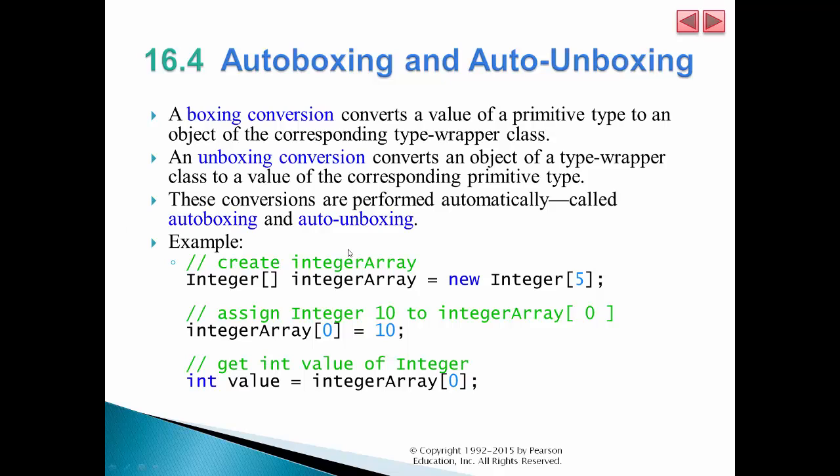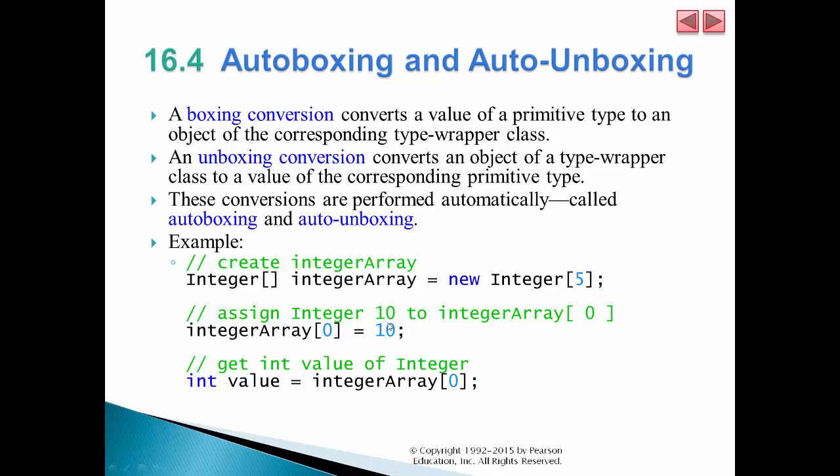For example, here what's happening is you're declaring an array of type wrapper integers, with the size of 5, and then you're setting the first element of this particular array to 10. And remember, this 10 is a literal, and we know that in Java literals are represented as 32-bit integers.